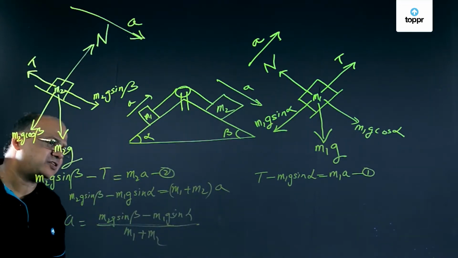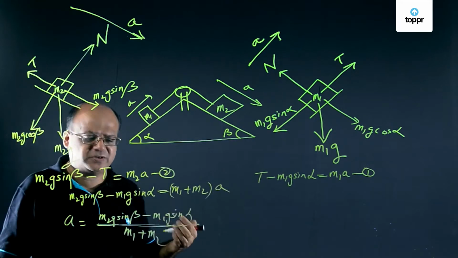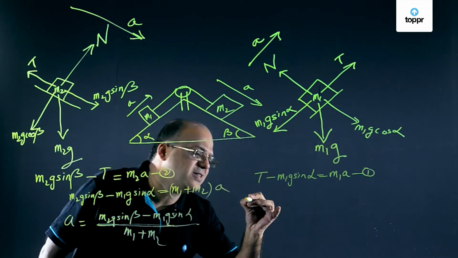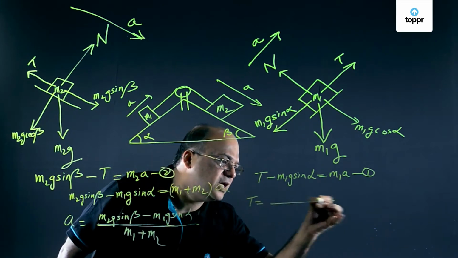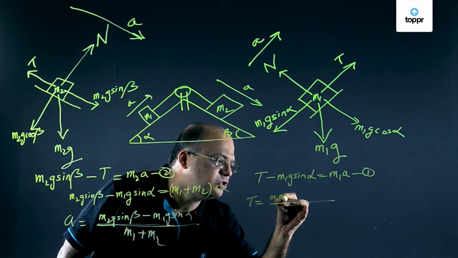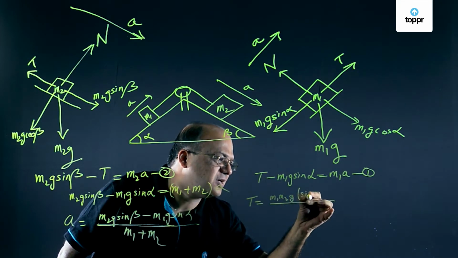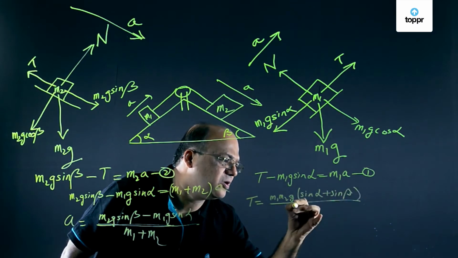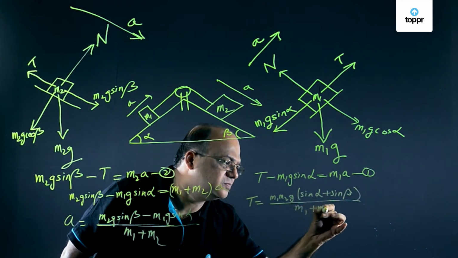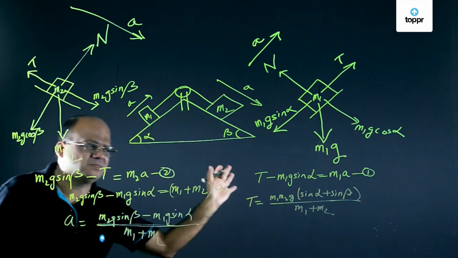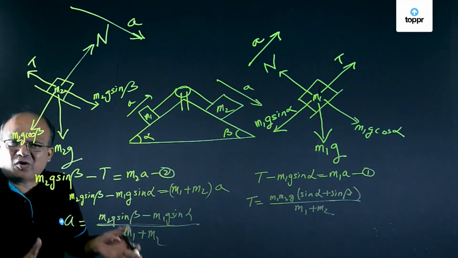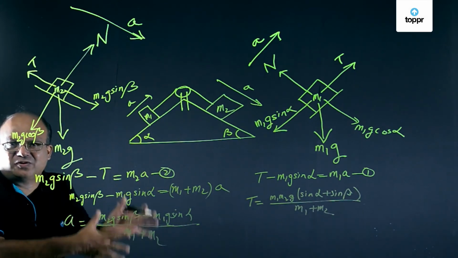So once you have got acceleration, you can find tension from any of the equations. We just need to substitute this in any of the equations. We will find that tension is equal to m1 m2 g (sine alpha plus sine beta) by (m1 plus m2). That's all. Problem done. Okay, this is how we apply Newton's laws to solve problems.